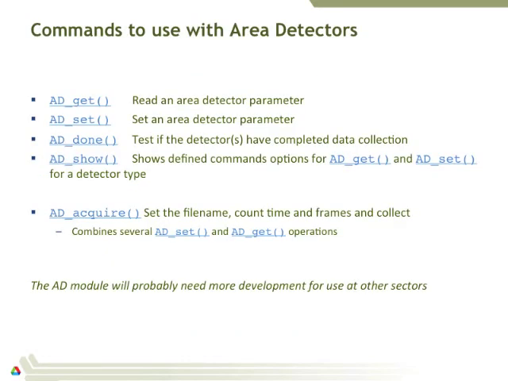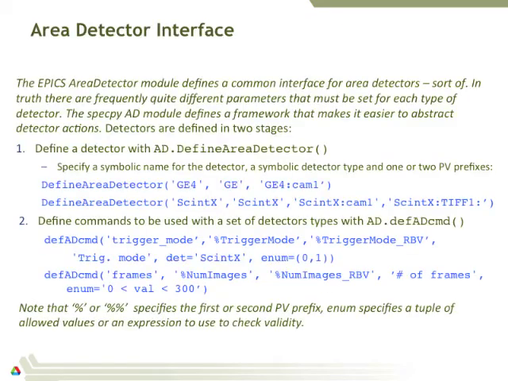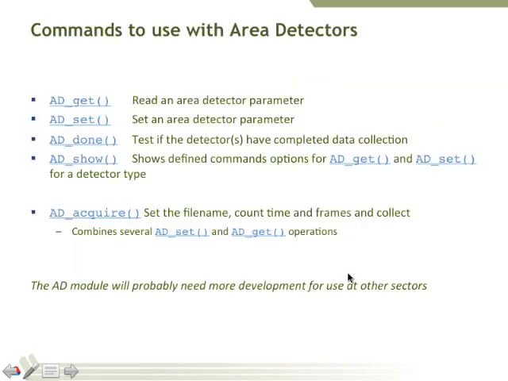Okay, so we have a bunch of things that will access area detectors. If you want to read a parameter, for example, the frames parameter for a particular detector, we've defined it here. We can set it with this, and we can read it back with this. So AD_get would be able to read back the parameter from the area detector.